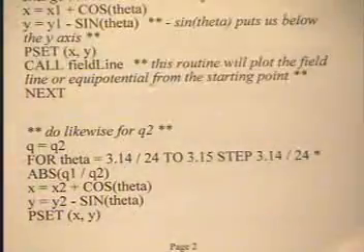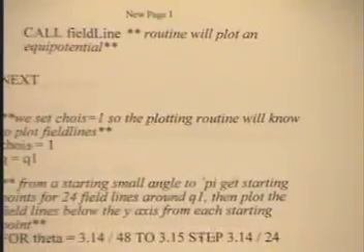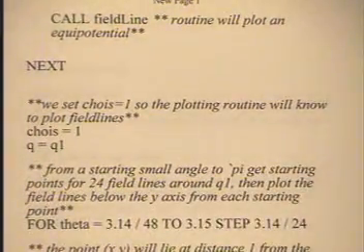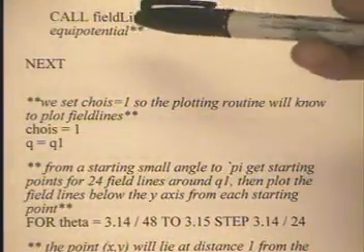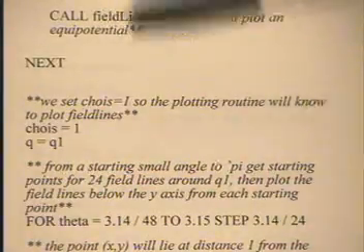And then we go to the field plotting routine. The command to go to the field plotting routine says we call field line. And the routine will plot an equal potential. It plots the equal potential because it knows that the choice is 2. We call that parameter. That parameter gets passed to the program.